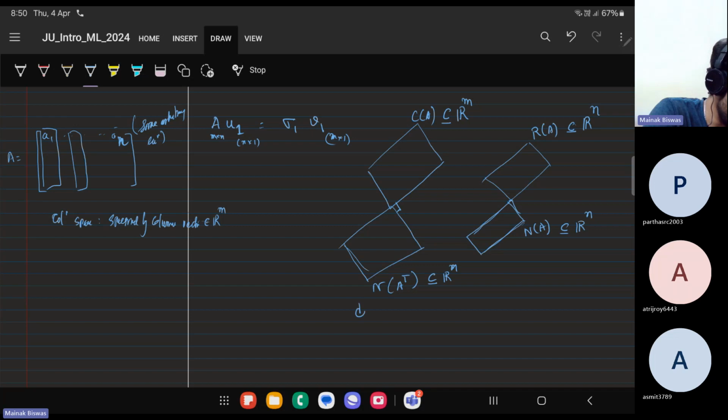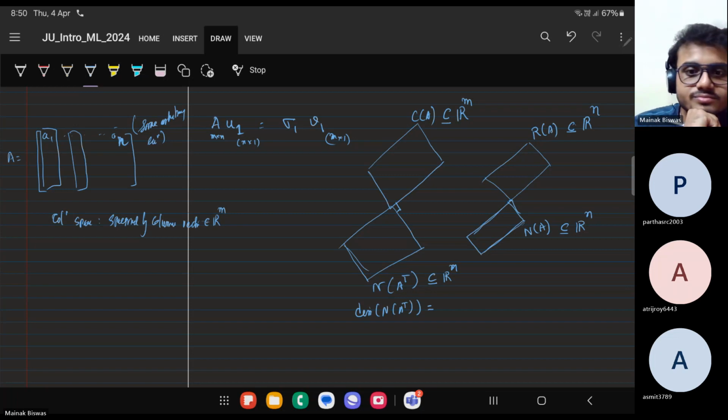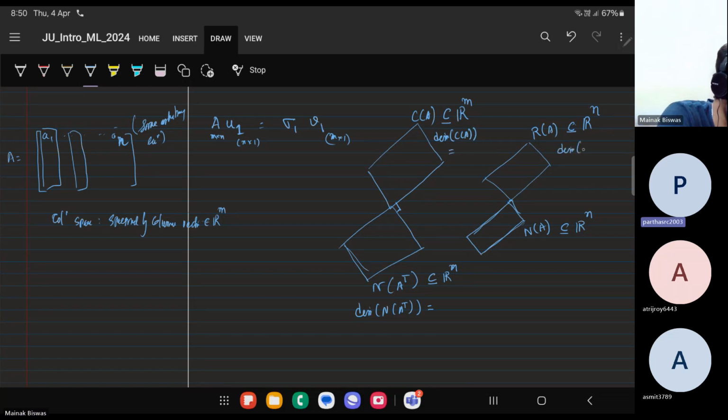Now tell me, in this case, what is the dimension of the null space of A transpose? What is the dimension of the column space? How many linearly independent vectors are there?